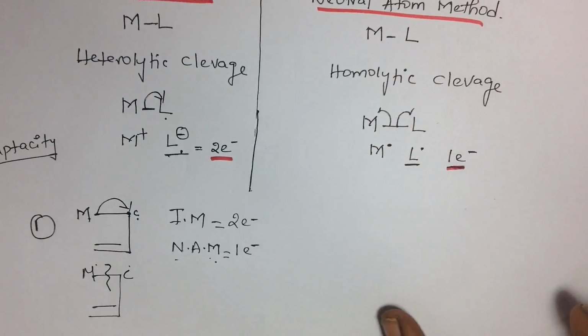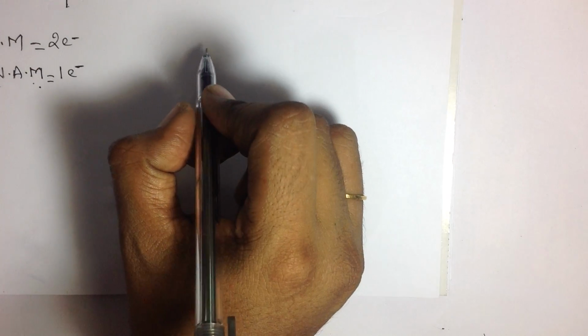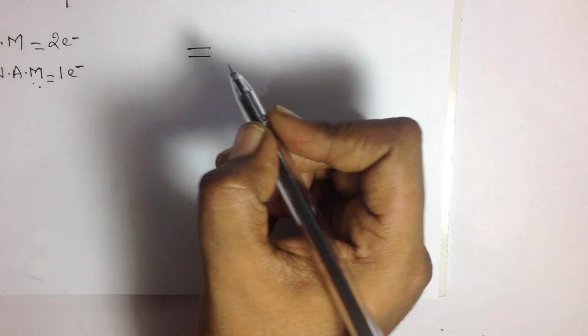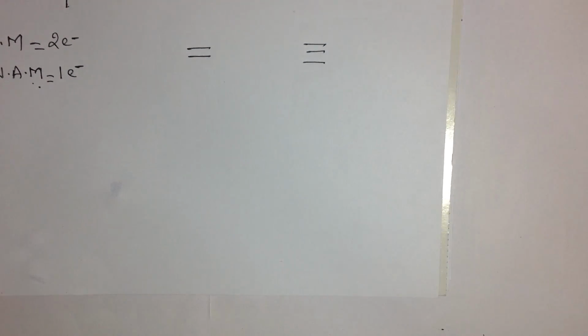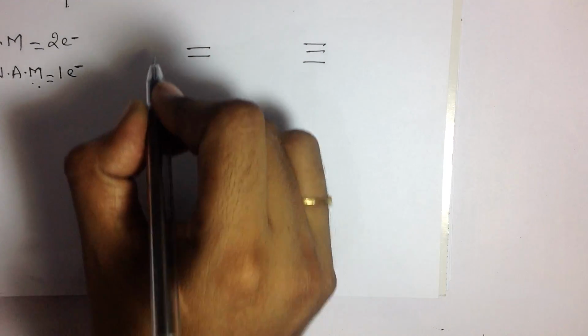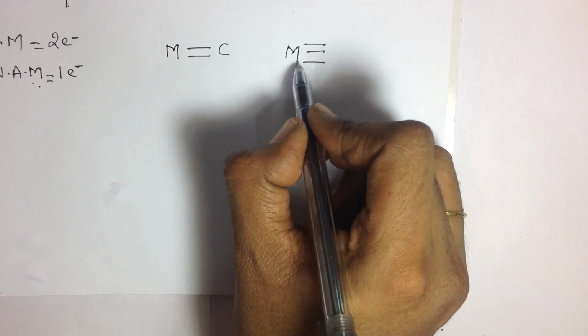Let us see one more example, taking alkene and alkyne cases, where a double bond and a triple bond are present. Suppose a double bond is present between the metal and carbon, and this is the case of a triple bond.